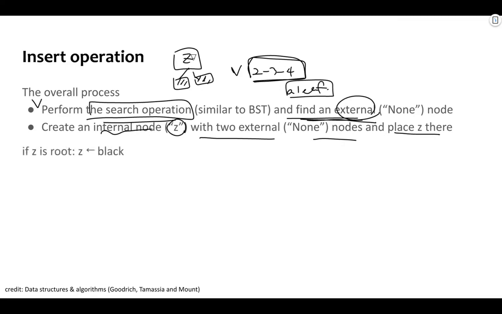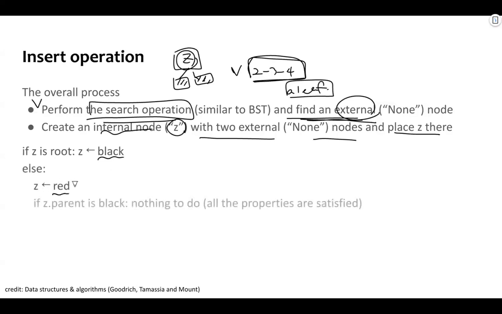And if Z is root, then we're going to color Z black. However, if Z is not root, what we do is we first make it red. And if Z's parent is black, then everything is fine. We need to do nothing more because all the properties we described are satisfied.